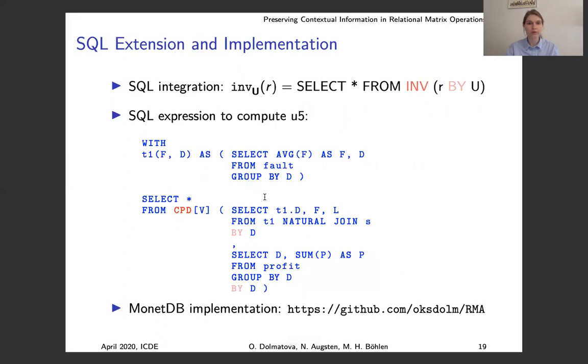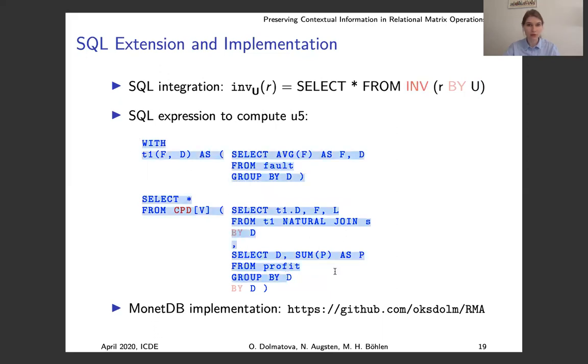We also offer an SQL extension for the relational matrix operations, and this is how the SQL extension for the relational matrix inversion looks like. It includes the name of the operation and the by keyword. The by keyword specifies the ordering attributes for the purpose of inversion, and the rest of the attributes are used to compute the operation. Consider this figure.